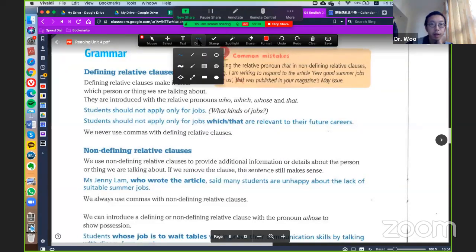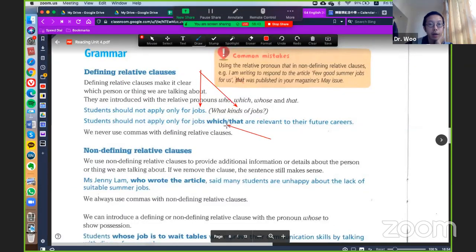So you say here, jobs. Which kinds of jobs? And then you can add which or that, because we're defining jobs. Jobs that, okay, jobs are relevant to their future careers. Now, you need to look very carefully, boys and girls. There are no commas.